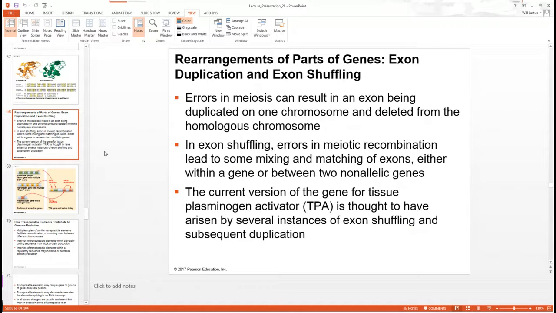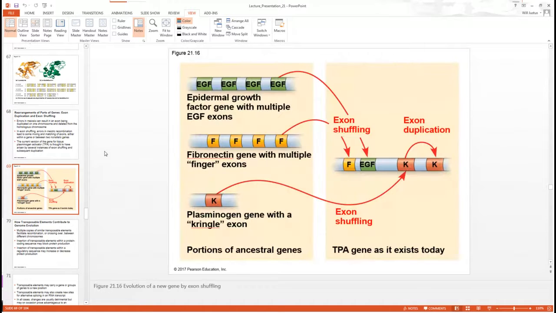The movement of transposons around is also going to contribute to genome evolution. These also occur in meiosis, so they're going to be affected by the rate of reproduction as well.